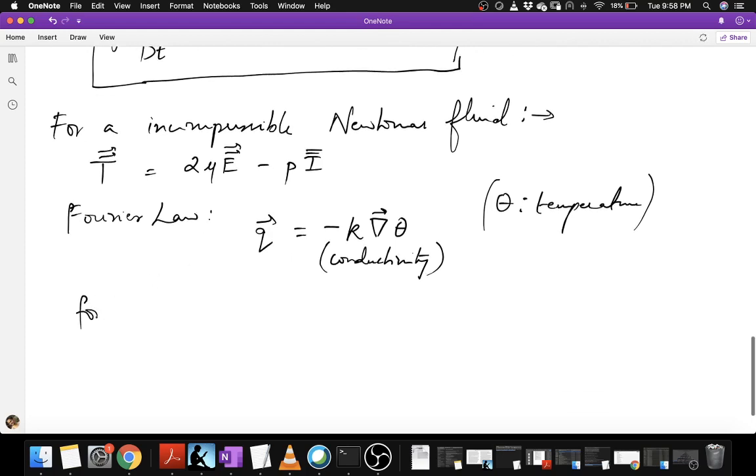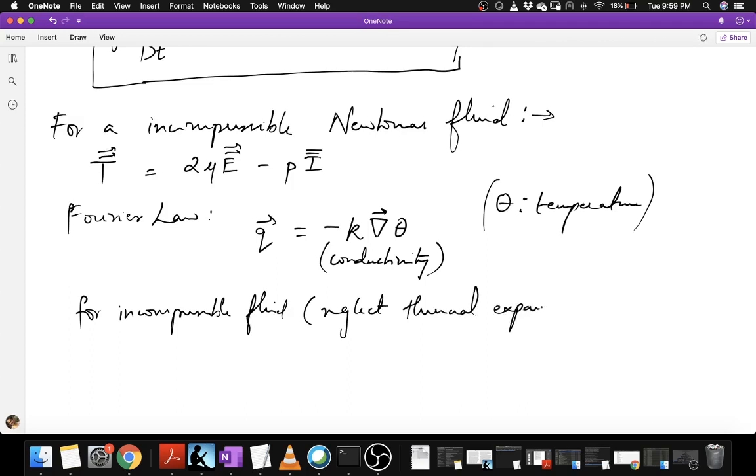And for an incompressible fluid, in which we neglect thermal expansion effects as well as pressure expansion, we have that the rate of change dE/dt can be written as Cp times the rate of change of the temperature.